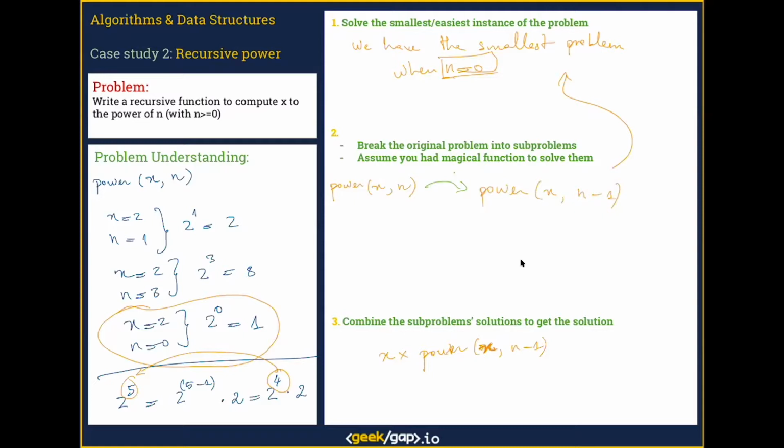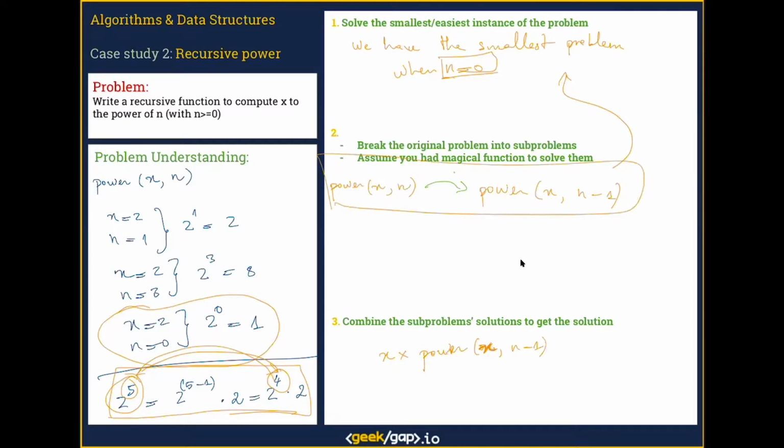So we are saying here, given what we just drew here, and what allows us to understand that 2 to the power of 5 can be broken down into 2 to the power of 4 times 2, then we have this relationship that 2 to the power of 5 depends on 2 to the power of 4, which is what we just wrote here.